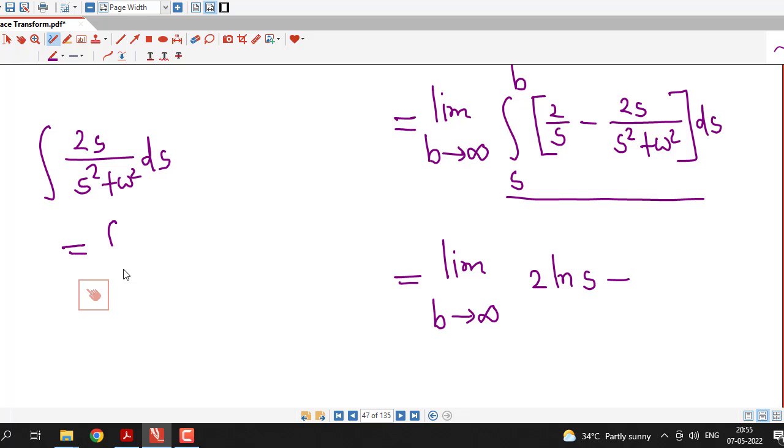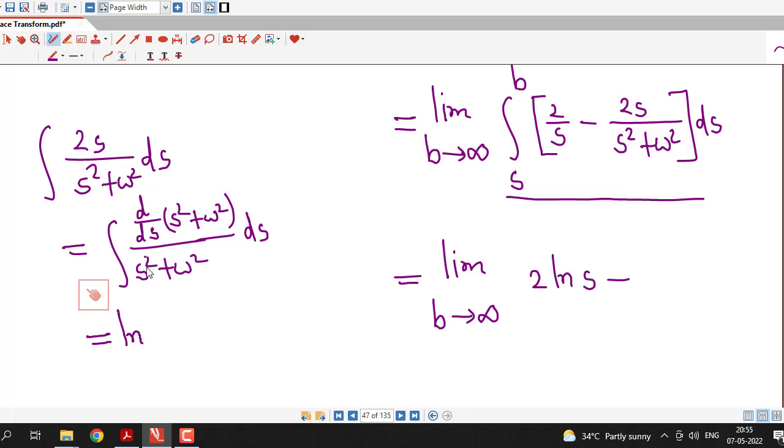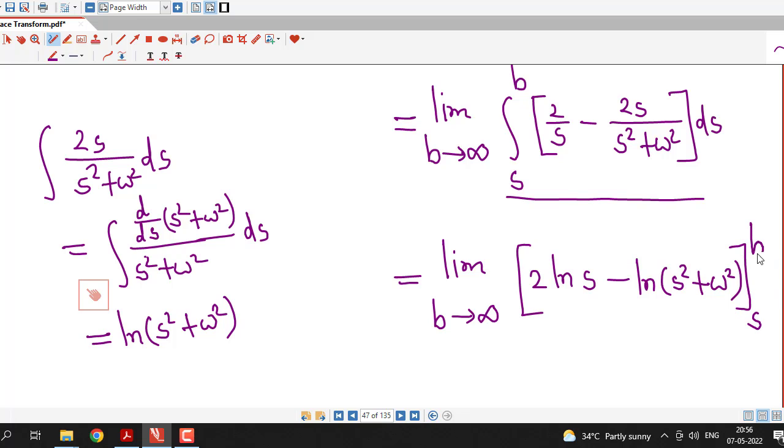If we observe that derivative of s square plus omega square is 2s, here I can rewrite this as d by ds of s square plus omega square divided by s square plus omega square, and formula for this is log of s square plus omega square. So here we write log of s square plus omega square, and limits are from s to b. Lower limit is s, upper limit is b.